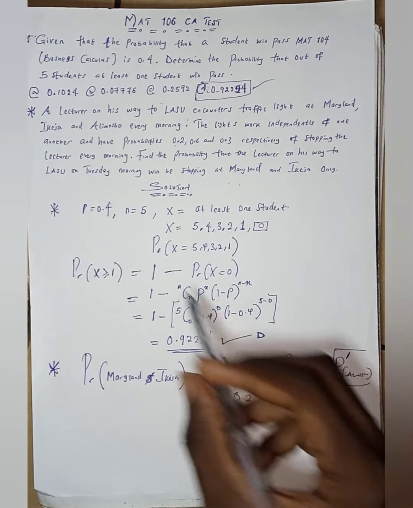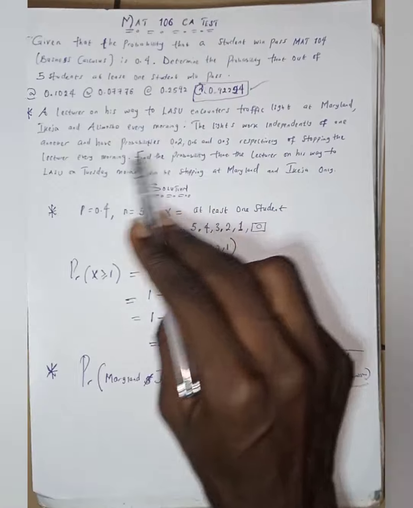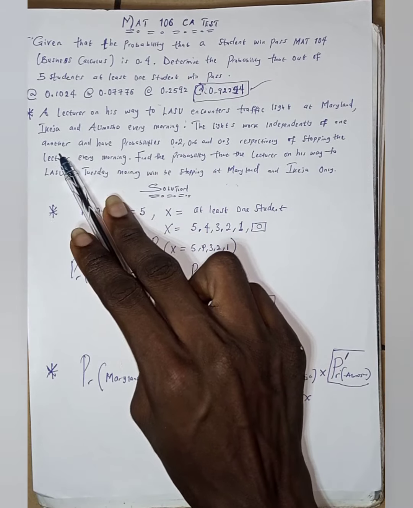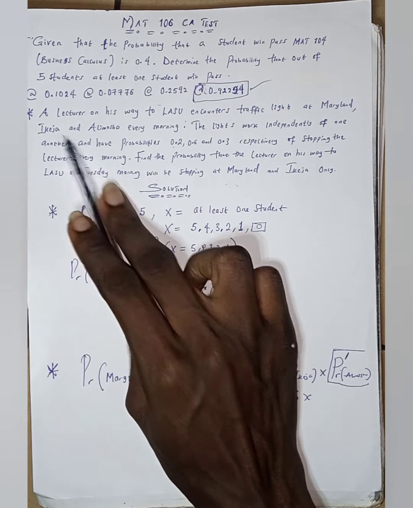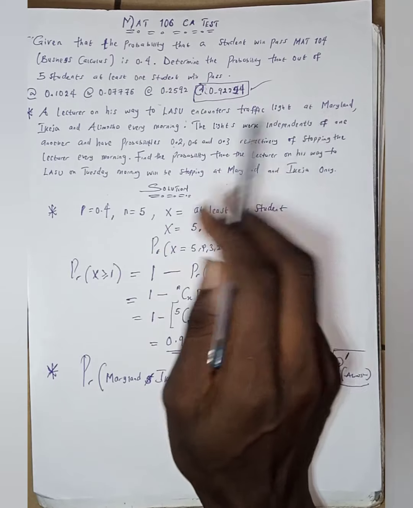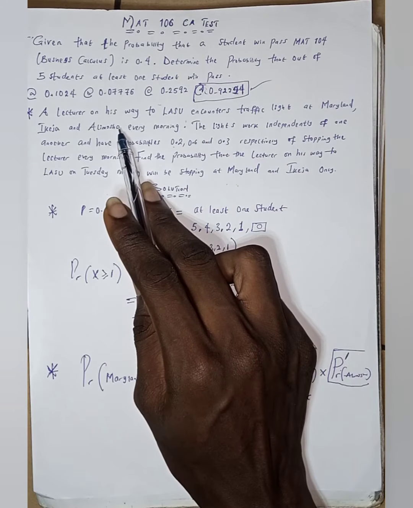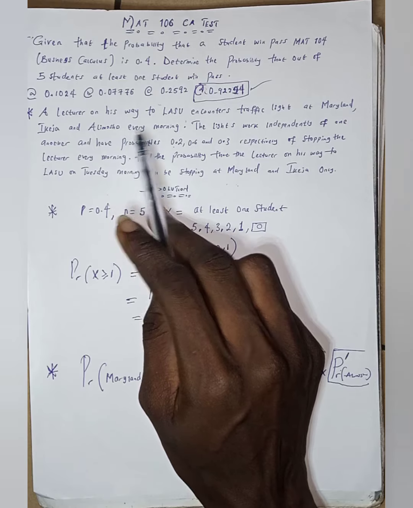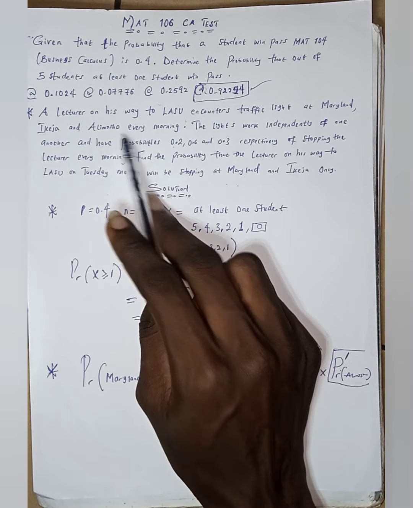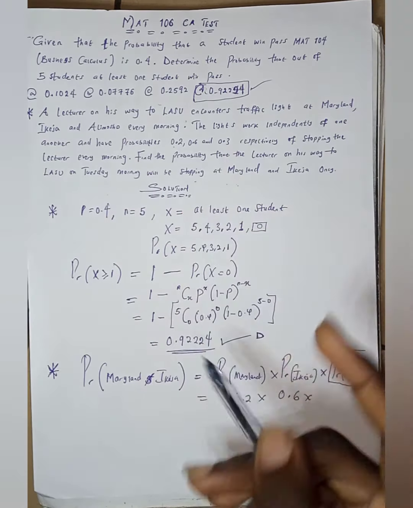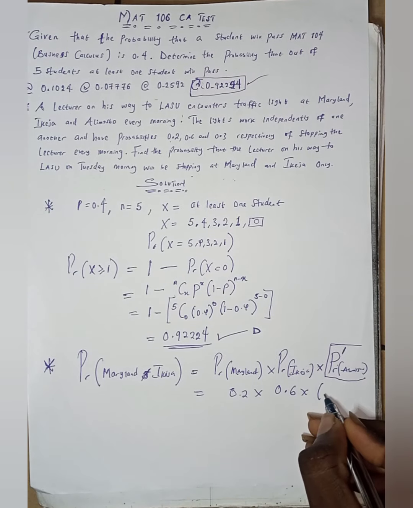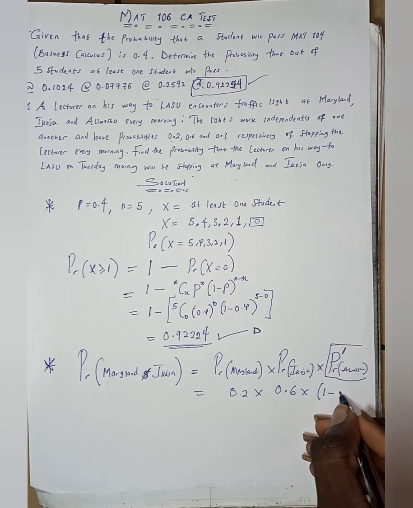The probability that the lecturer will encounter a traffic light at Ikeja is 0.6, at Maryland is 0.2, but for the lecturer not to stop at Alimosho, the probability of failure is always 1 minus the probability of success.